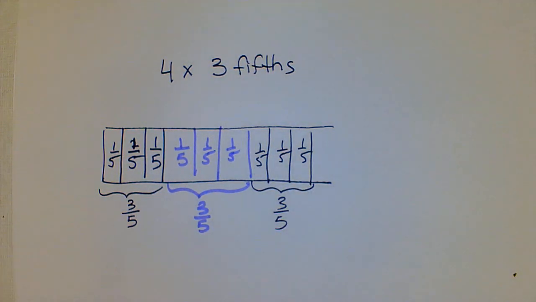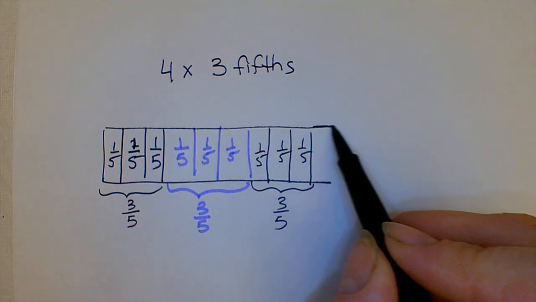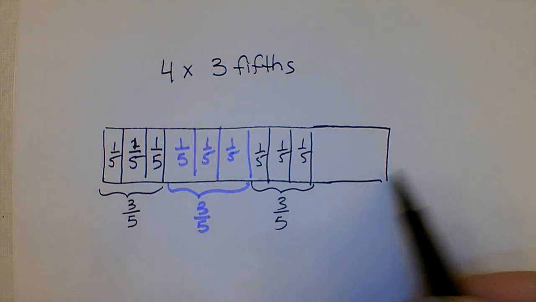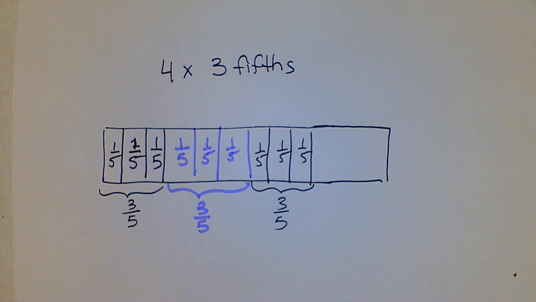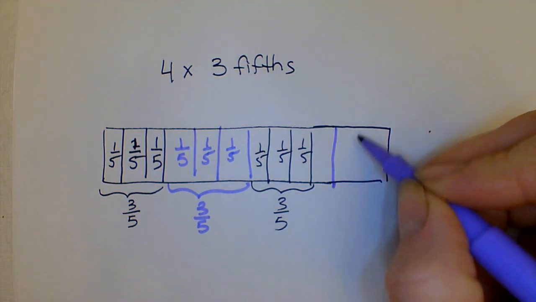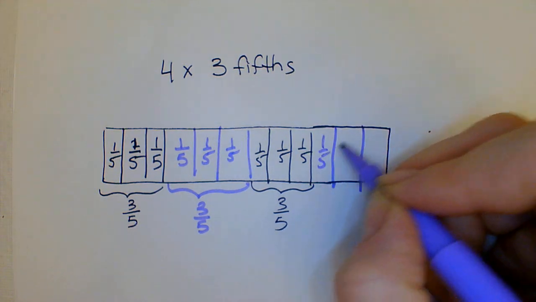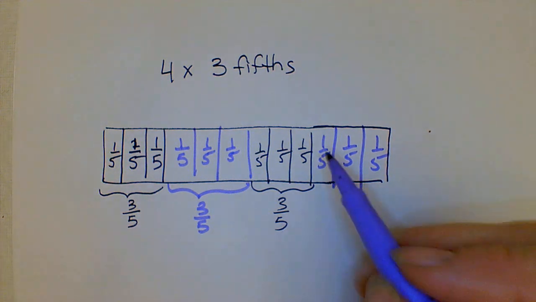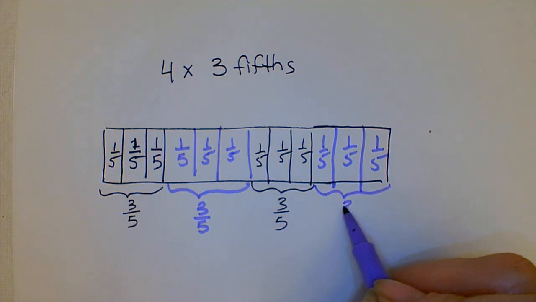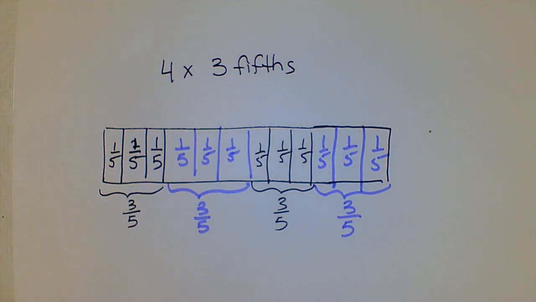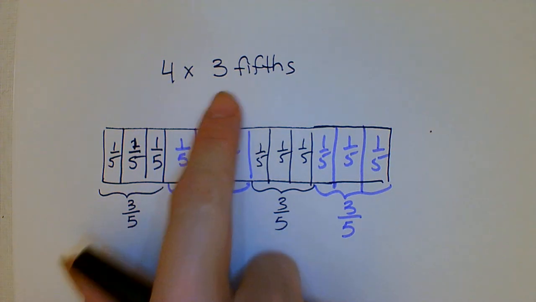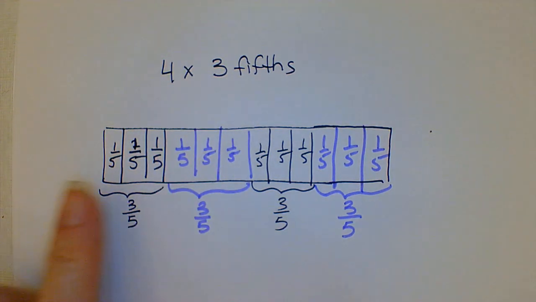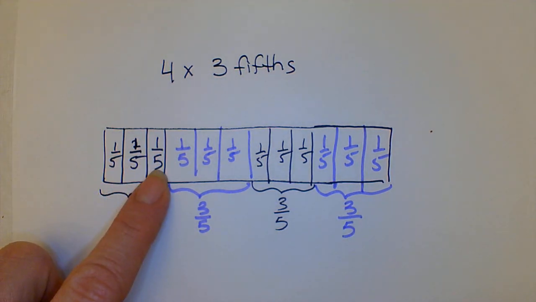1, 2, 3, and now I have an idea how far I need to go so I can finish this out. So now I'm going to have 1/5, 1/5, 1/5. Okay, and that's our last set of 3/5. So what you can see here is that 3/5 could also be modeled visually as 1/5, 1/5, 1/5.